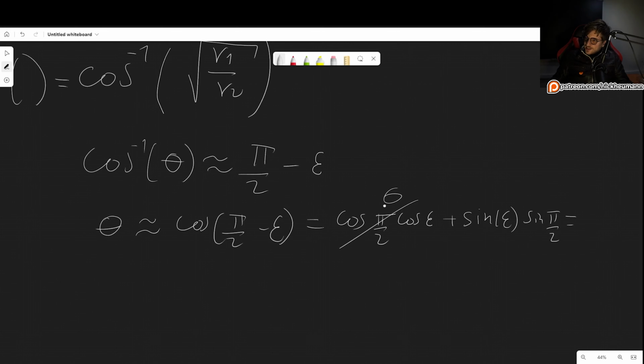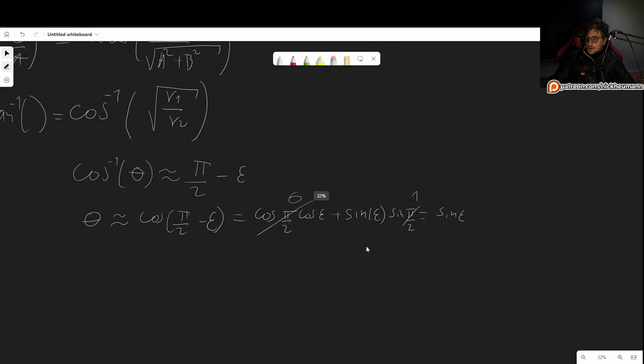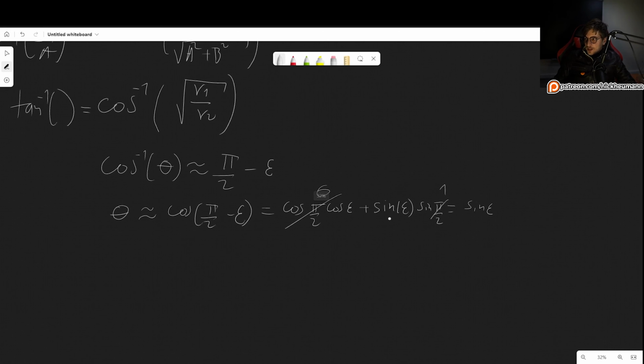Now this is 0, this is 1, so we get sine of epsilon. So theta is sine of epsilon, but since epsilon is very small, we can approximate sine of epsilon as simply epsilon. So theta is basically epsilon.